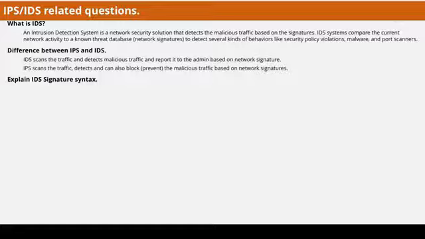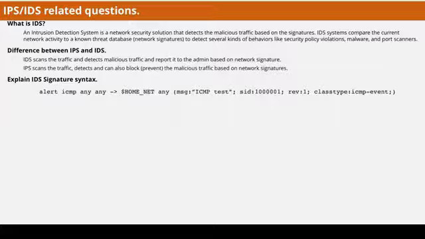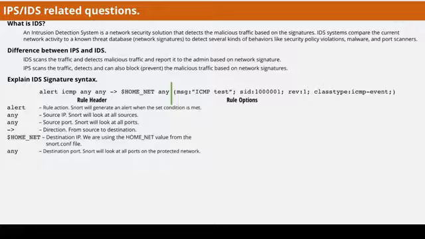Explain IDS signature syntax. An IDS signature looks something like this. It has two sections called rule header and rule option. The rule header contains information like rule action, the protocol, source IP address and the source port number, the direction, destination IP address and destination port number.